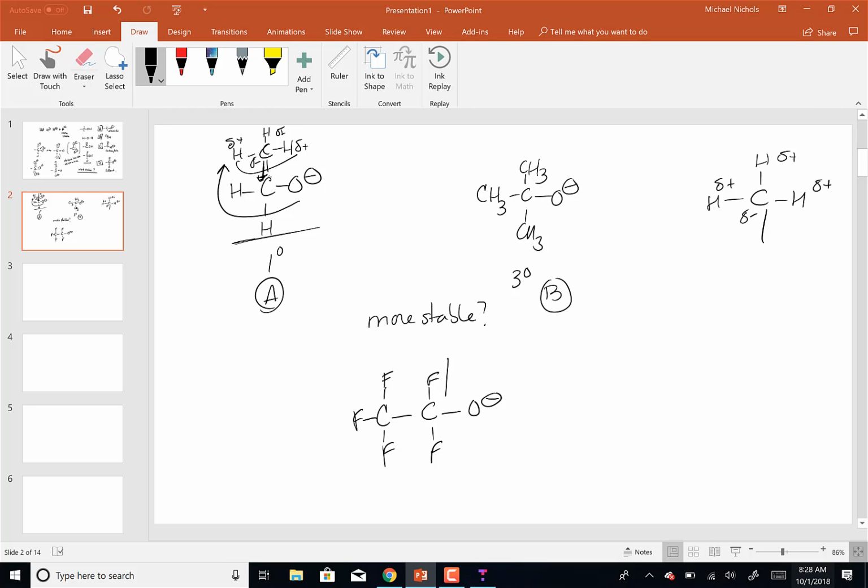What are all the fluorines doing? They're all pulling electron density out of the carbons. And by pulling electron density out of the carbon, what happens to the oxygen's negative charge? It's going to flow into that. So some of the O- is going to end up in the fluorines, but I'm basically pulling the electron density away from the O-. And so this one would be the most stable of all.